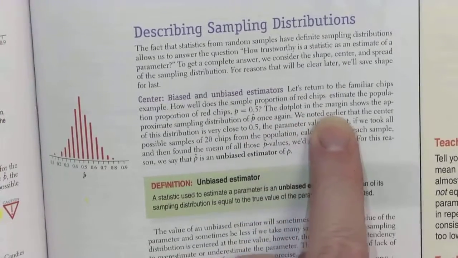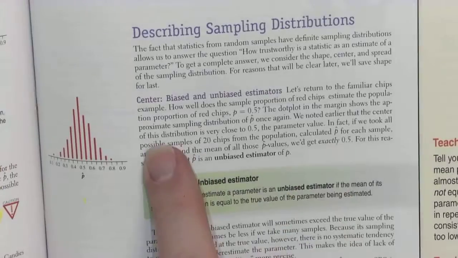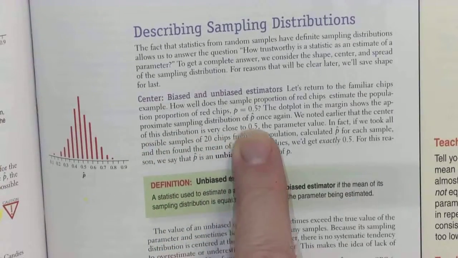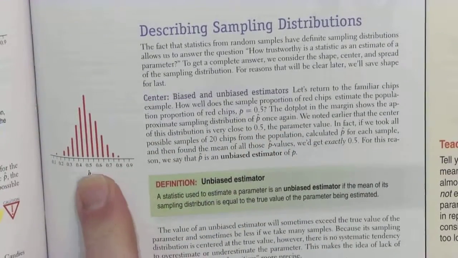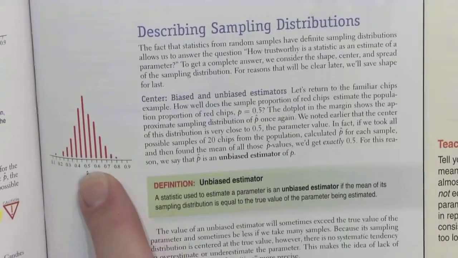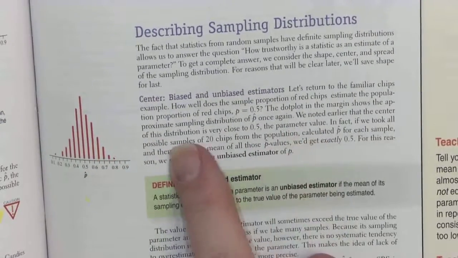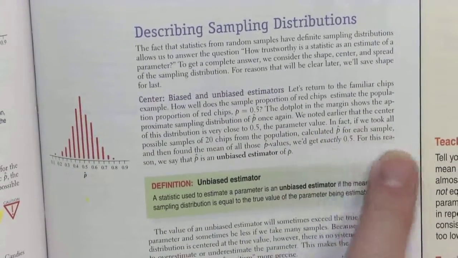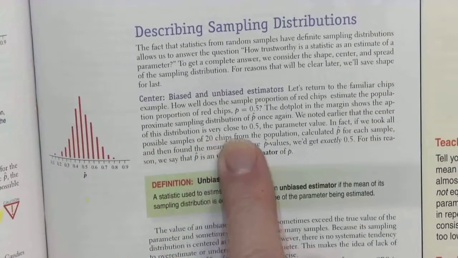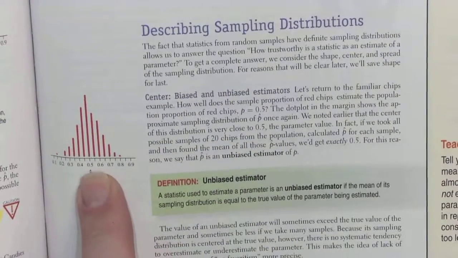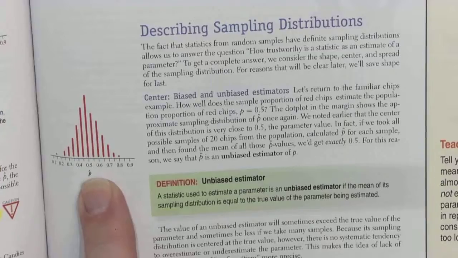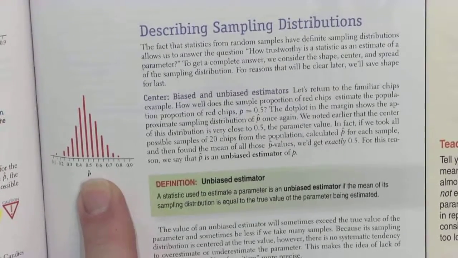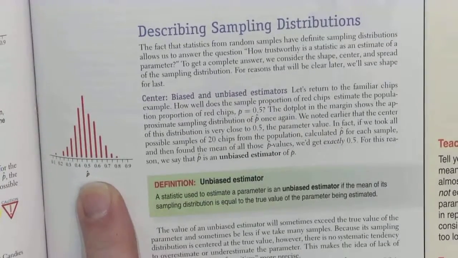The dot plot in the margin shows the approximate sampling distribution of p hat once again. It looks like lines, but there are many, many dots. We noted earlier that the center of the distribution is very close to 0.5. So this would be what we call an unbiased estimator. It's going to match up pretty close, maybe not exact, but really close to what the proportion should be.